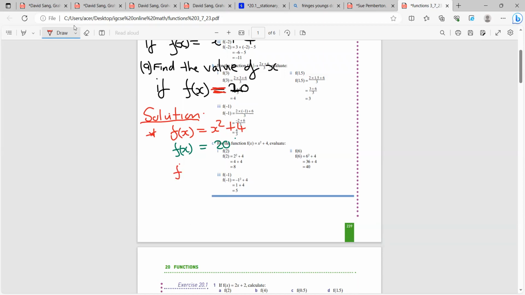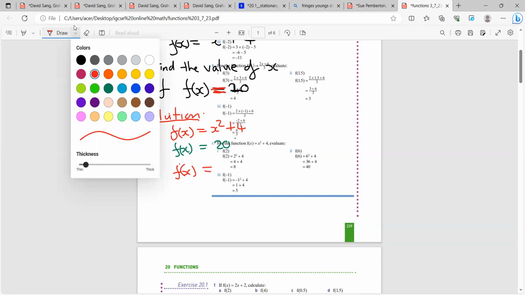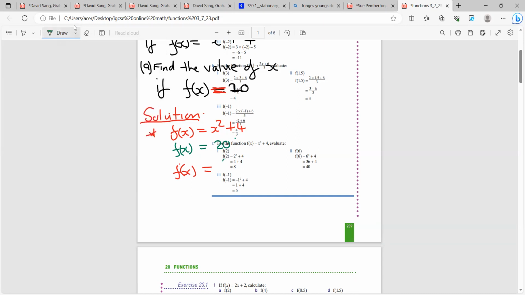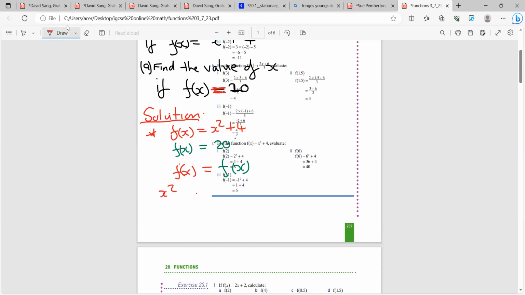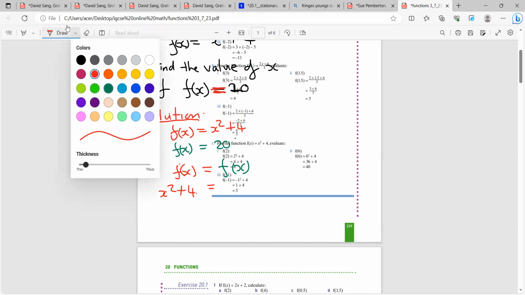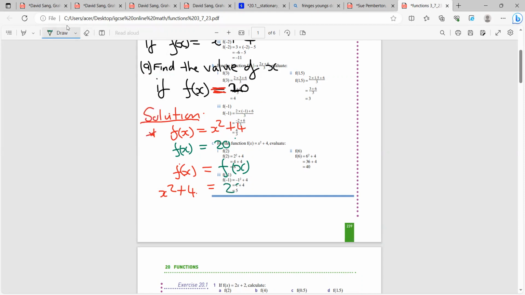So the red f of x is equal to the green f of x. And the red f of x is x squared plus 4. And since it's f of x, it's going to be equal to the green f of x, which is what? 20, isn't it? 20, sir.